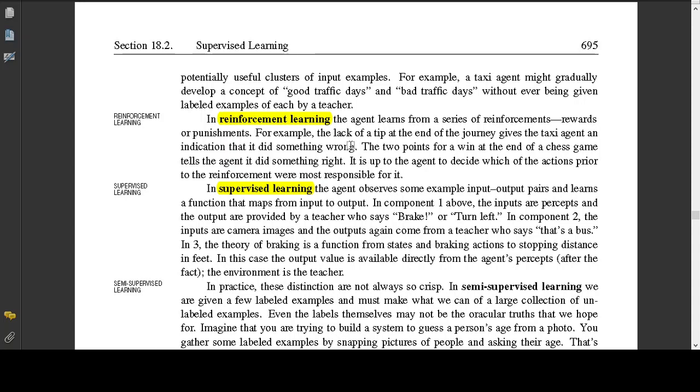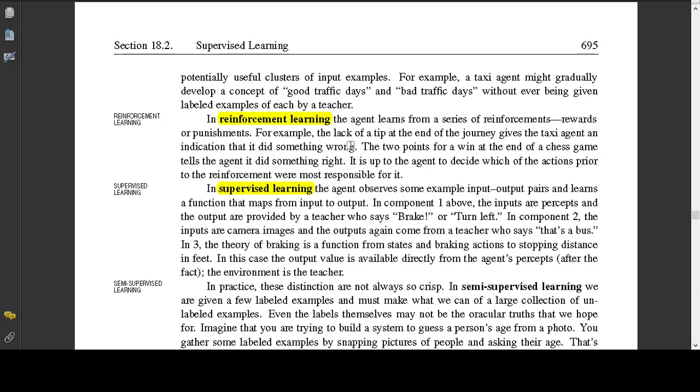From this, it has to understand that when it gets a reward, it was the right thing, and when it gets punishment, it was the wrong thing that it did. It should not repeat it at a later stage.